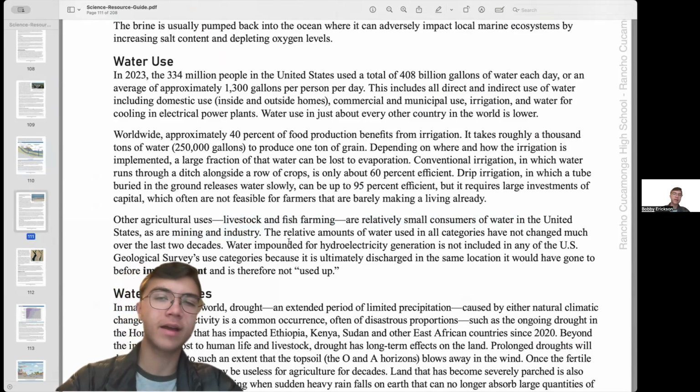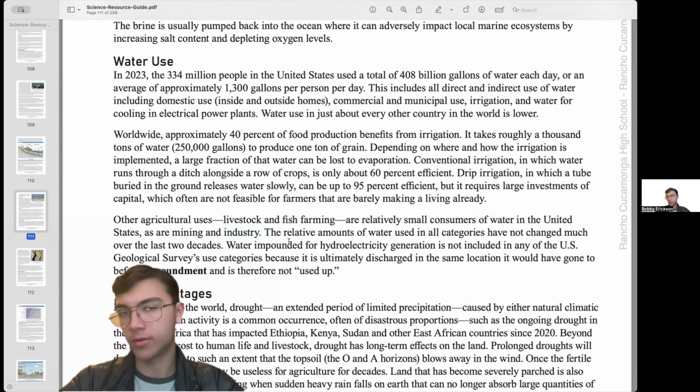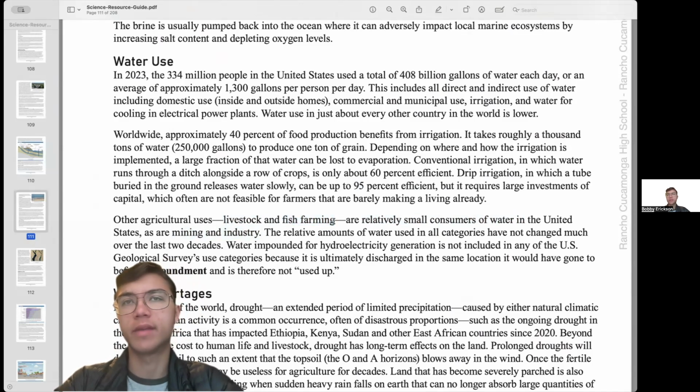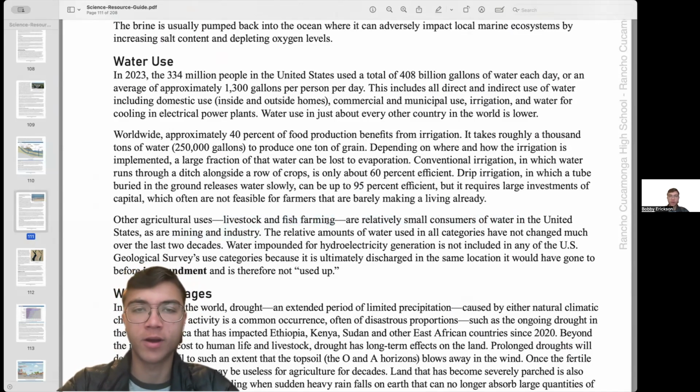Because if you think about it, livestock, they just need to drink a normal amount of water, whereas plants need to be watered constantly. And then fish farming, they're already in a lot of areas with water, so adding water is not too much needed, but it is needed. Mining, we use a little bit of water, and industry, we do use a little bit of water for that. Think about cooling of power.